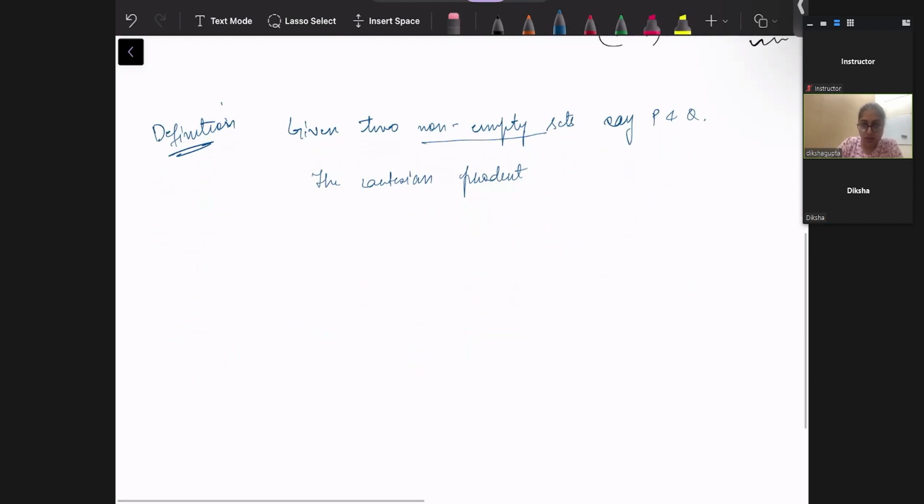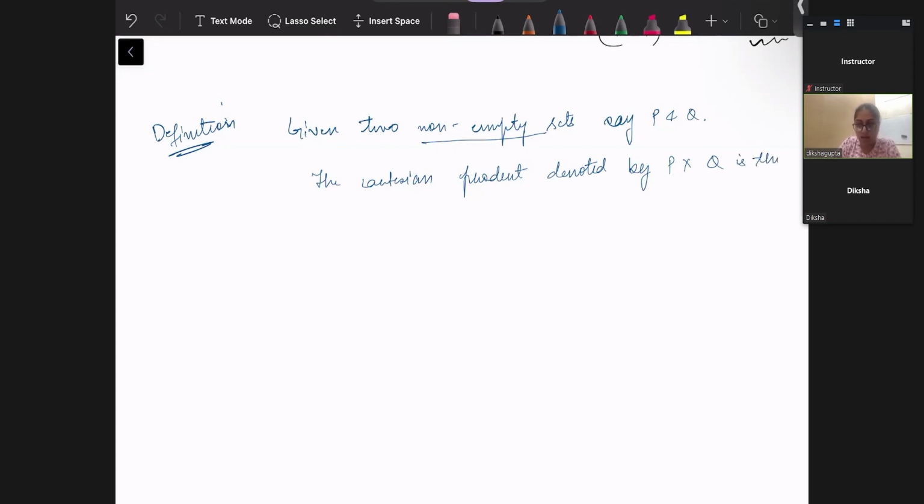The Cartesian product is denoted by P cross Q. We say it as P cross Q, not P times Q. It's just not the norm. P cross Q is a set.